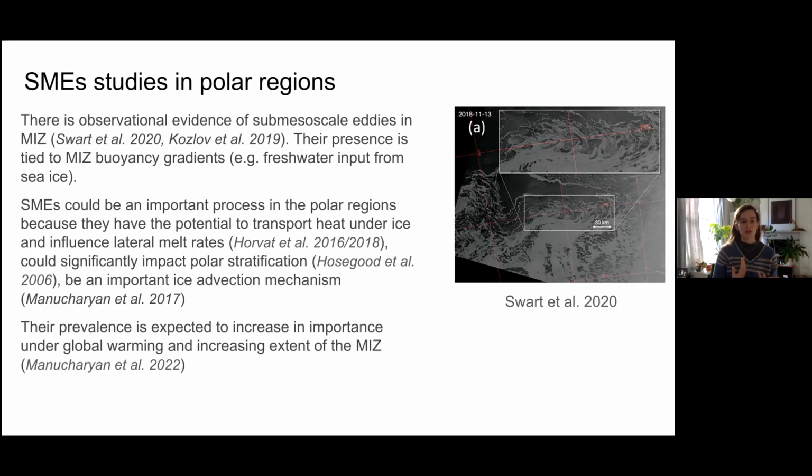In addition, other effects could be impacting the stratification, which has been looked at, and also mechanically, eddies can trap the floes and move them around, between warm cores or cold cores.